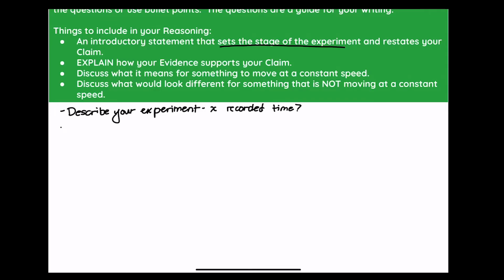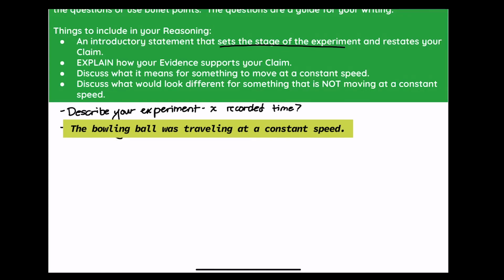What is it that you did? Okay, so a short description of what you did. And then we will also say that the bowling ball was traveling at a constant speed. And then you're going to be explaining what it means to be constant speed.